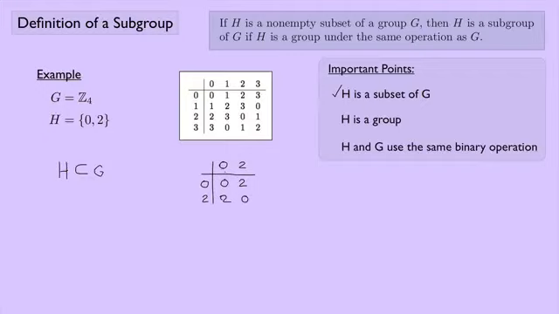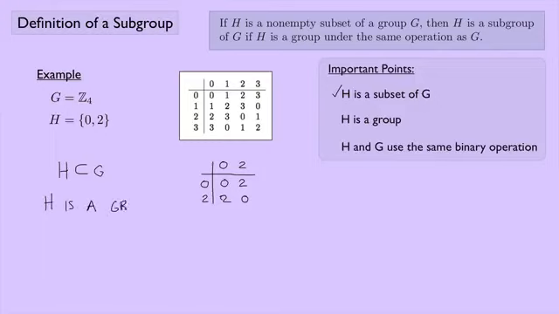What about an identity? Yeah, we still have something that looks like an identity element. And does every element have an inverse? Well, 0 plus 0 gives us 0. That's its own inverse. And 2 plus 2 gives us the identity, so 2 is its own inverse. So yeah, this is a group. H is a group.